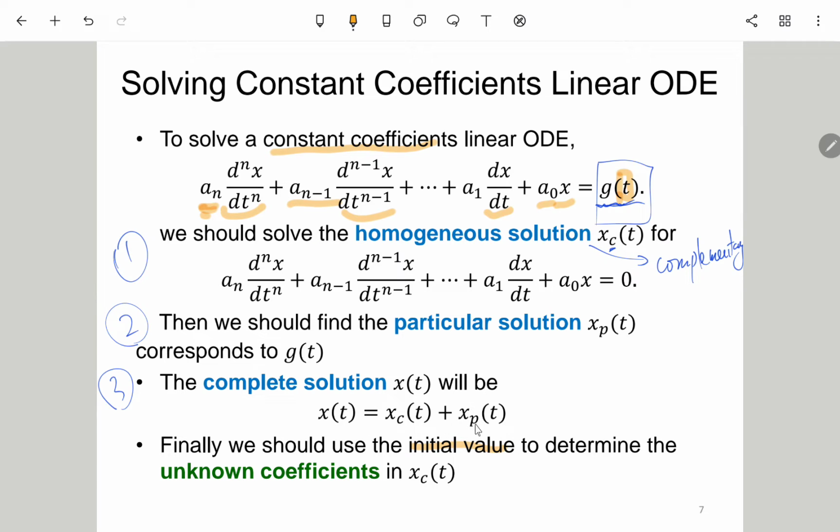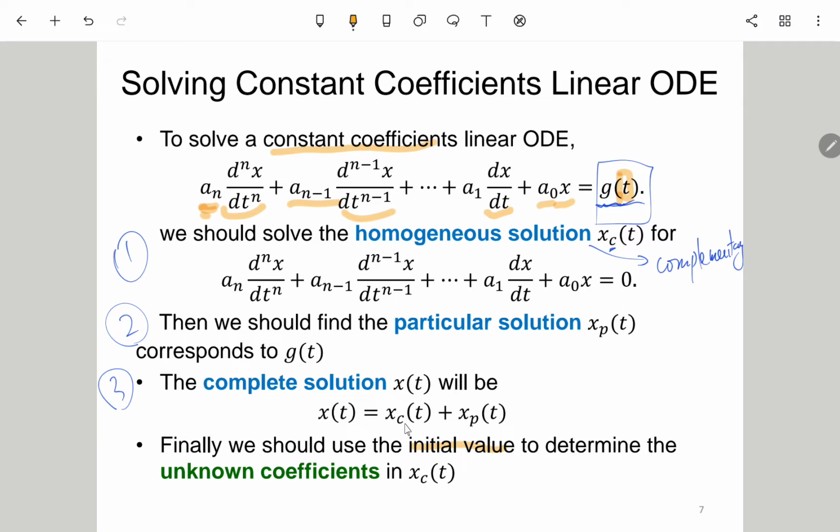The particular solution can only be a unique solution, but the homogeneous solution has a set of infinite solutions. In other words, it will include some unknown variables that need to be determined.